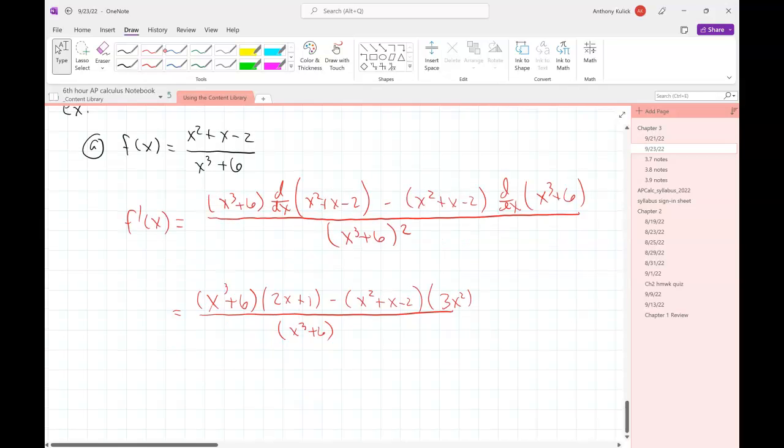Okay, I guess what we'll do now is FOIL the first pair out and then distribute the second pair. Everybody's cool with that? FOIL. Distribute. That's all.